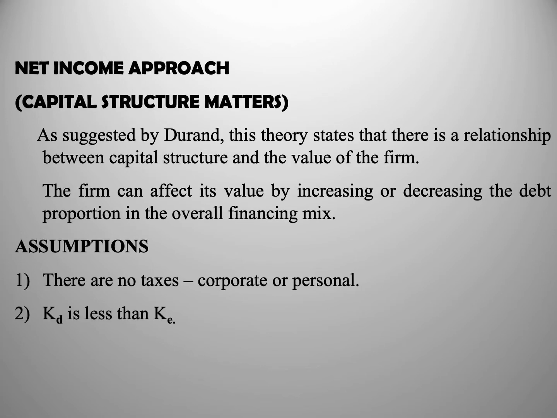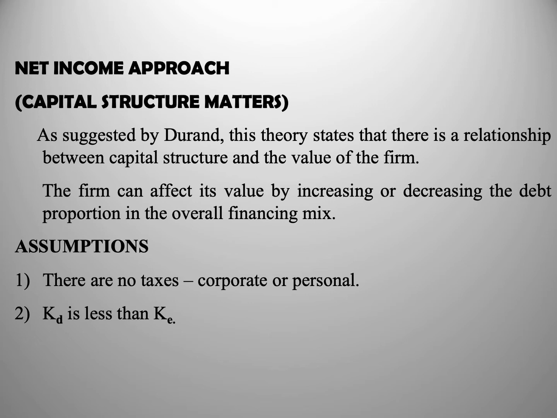Now we will understand these theories one by one, and the first one is the net income approach. This theory is given by Durand. According to him, there is a direct relation between the capital structure and the value of firm. So here you can see the capital structure matters.